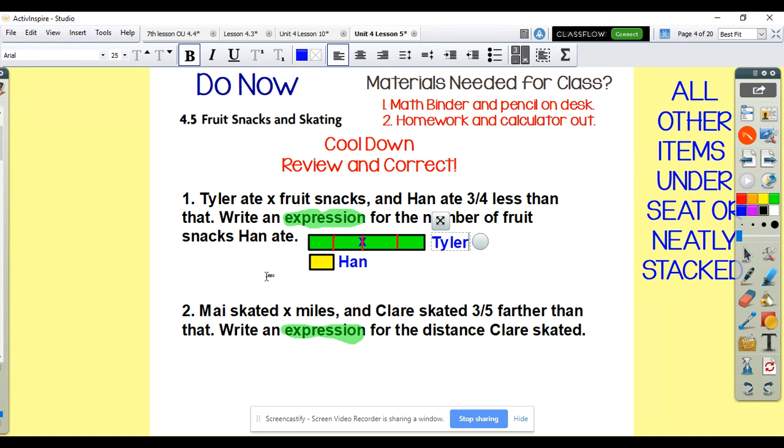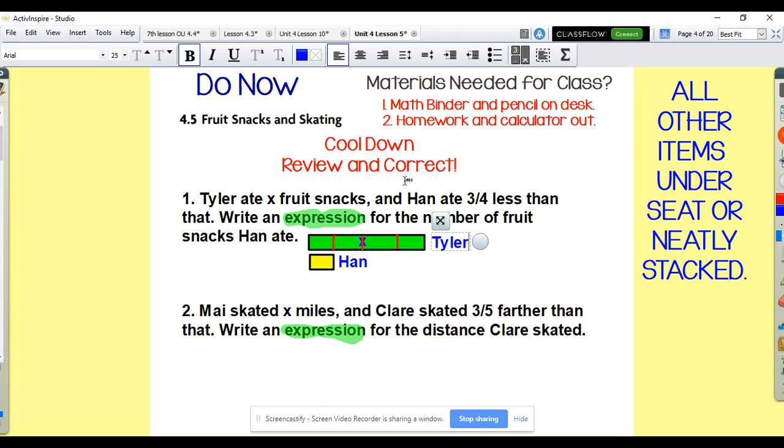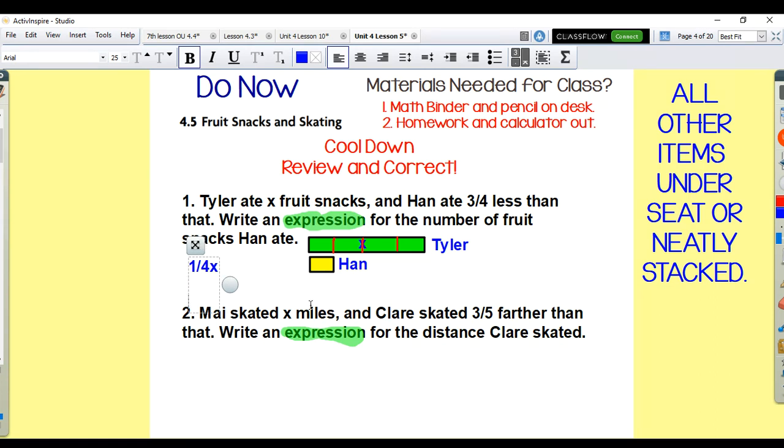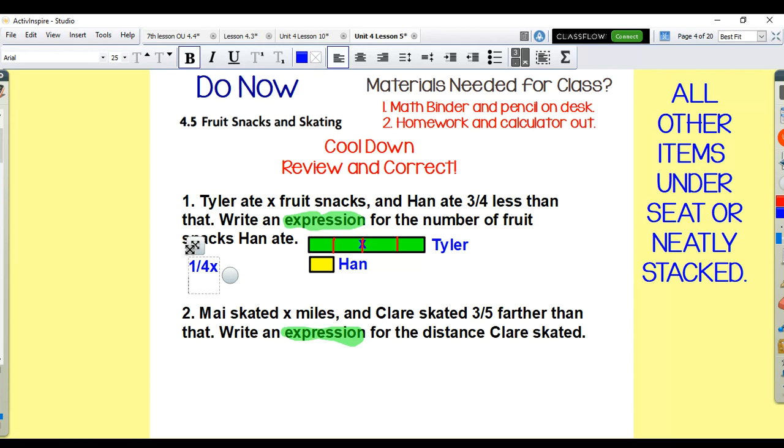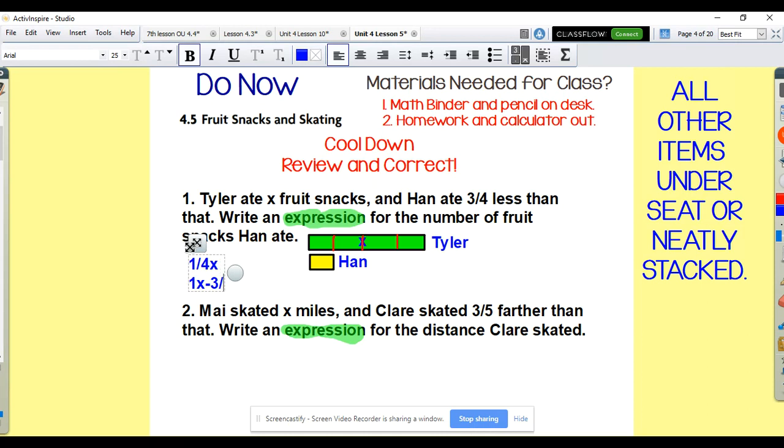So what is your expression for this? Your expression is one of two things. Based on this diagram, you might immediately come up with the expression 1/4 X, which to me is easy to see here. However, maybe if you think about it in terms of 3/4, it's like saying that Han ate what Tyler had, but he ate 3/4 less than what Tyler had.